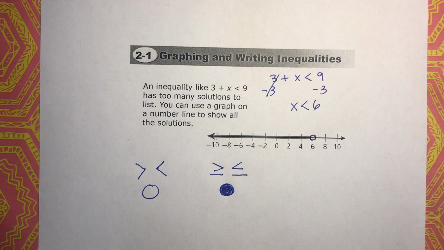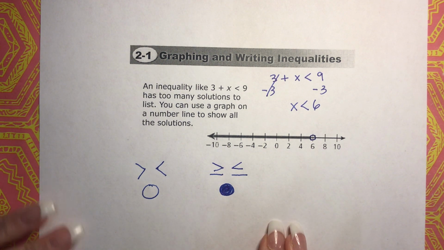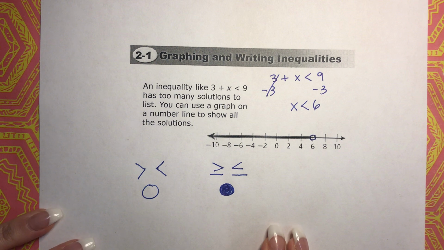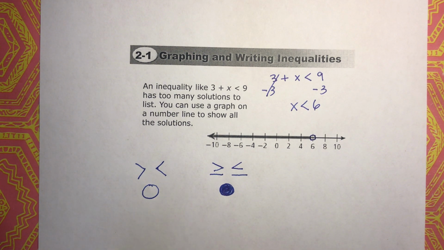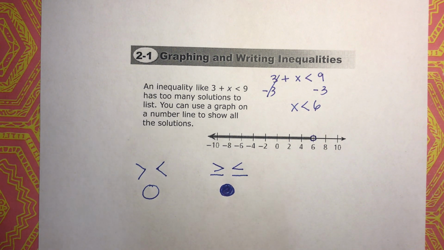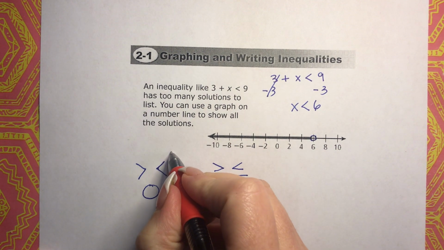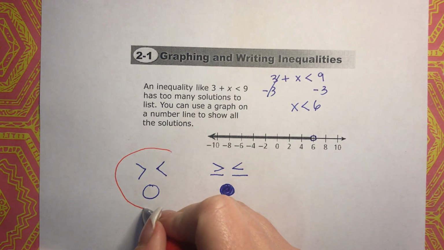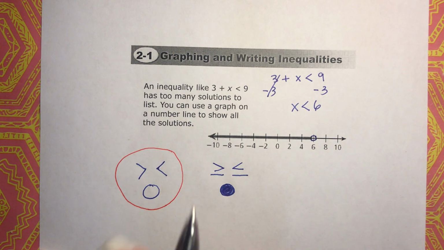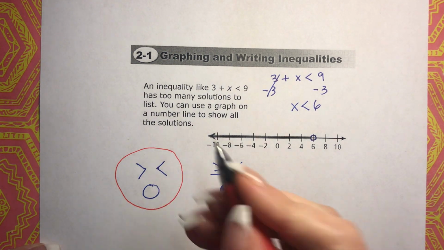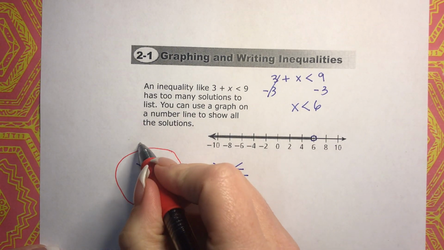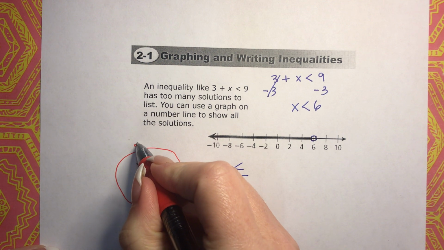This is seriously one of my favorite things to talk about, graphing inequalities, because I just love it. Whenever you have greater than or less than and you remember that it's an open circle, I just feel like when I look at this, it could be a super cute inequality emoji. Do you see it? Maybe some little hair or something.